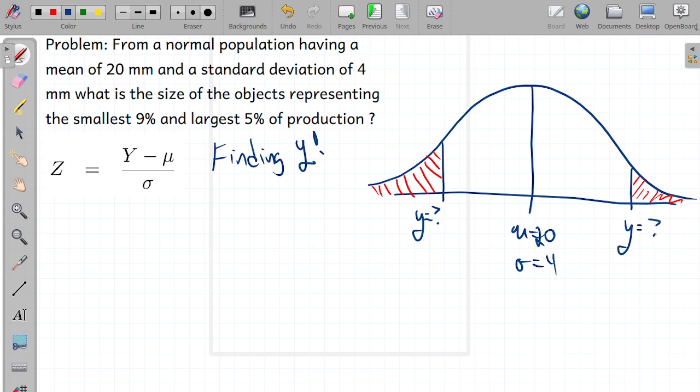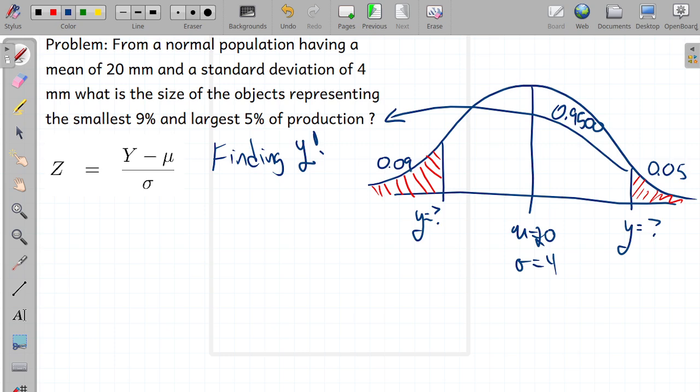Now, the value here at the top on the right-hand side has a complication. Try to find the largest 5%, you may get tangled up. Largest 5% means this region is 0.05. Then that means everything over here is 0.95. Keep that in mind. We need that. This thing here at 0.09, we don't need to worry about.